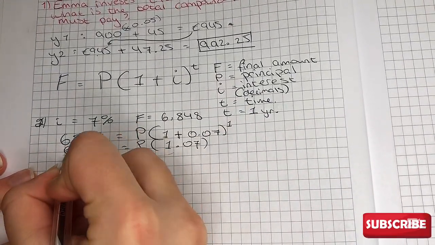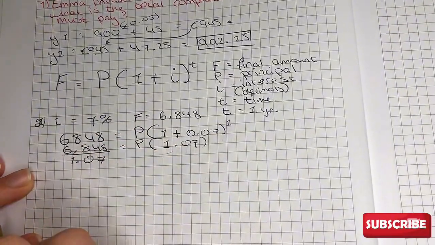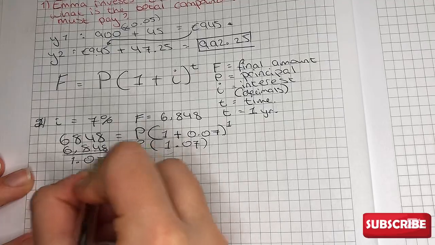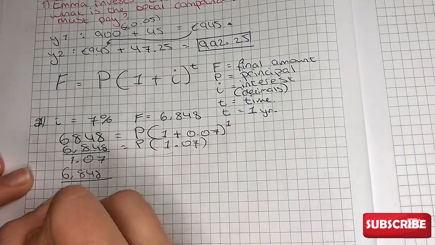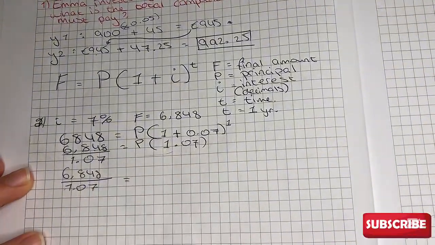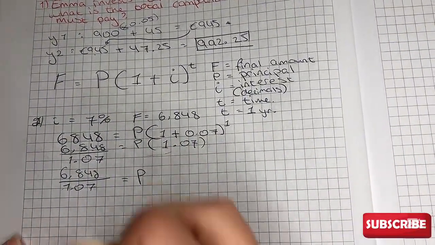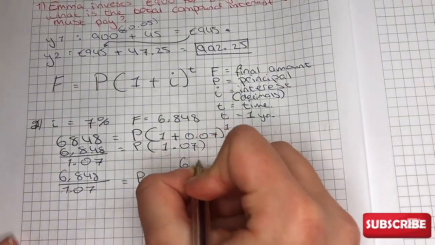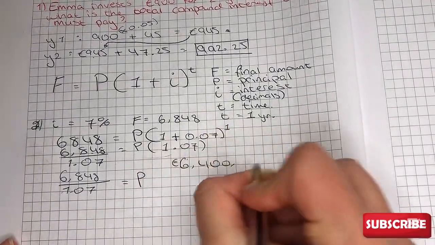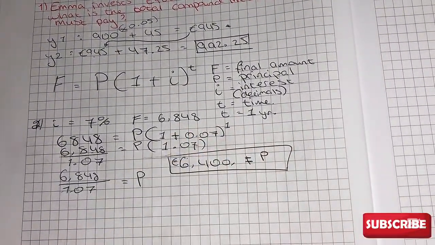So 6,848 divided by 1.07. Okay, so this would then, why did I put it like that? I have no idea. 6,848 over 1.07 is all equal to P. Beautiful. So then if you divide this, just put it into your calculator, it gives you 6,400 is equal to P. And this is your answer.